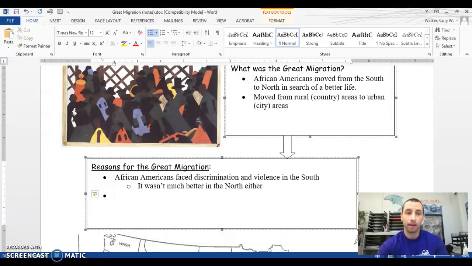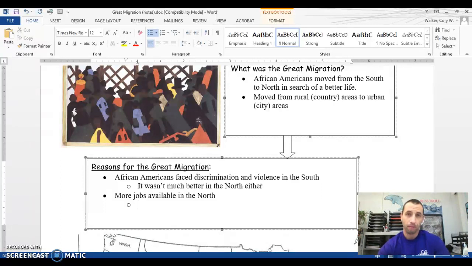And another reason they left the South, there were more jobs available in the North. So in the South, not that there weren't jobs, a lot of the jobs were agriculture, but during the war, a lot of people went off to go fight, and that left a lot of jobs open, particularly in the factories.